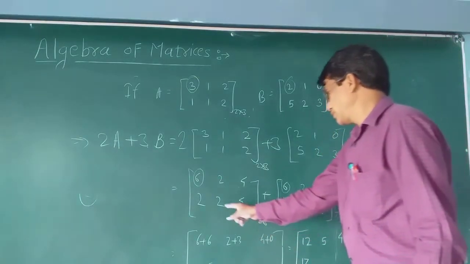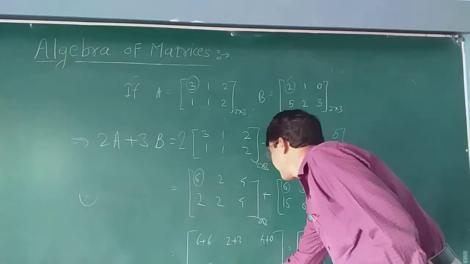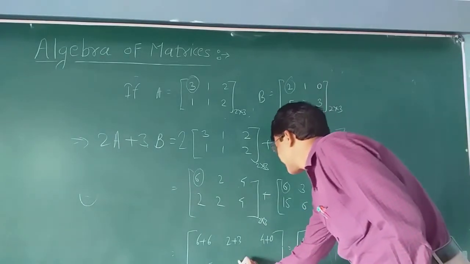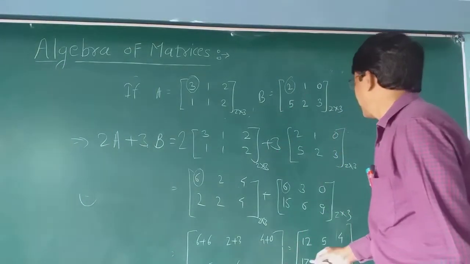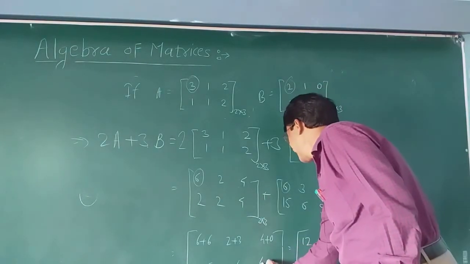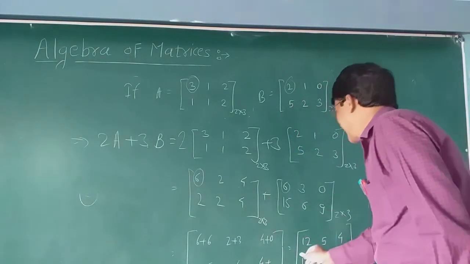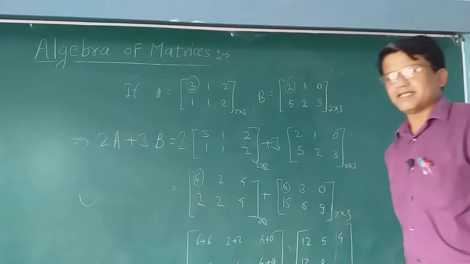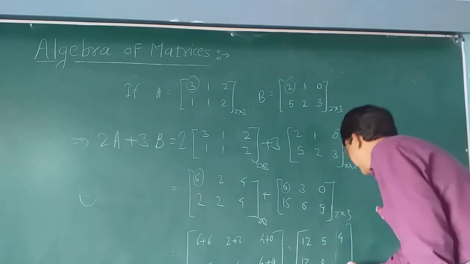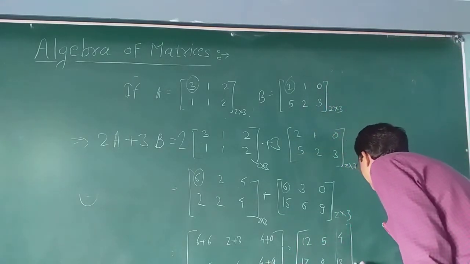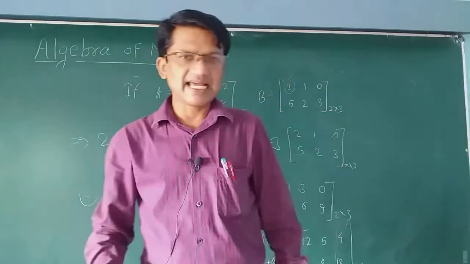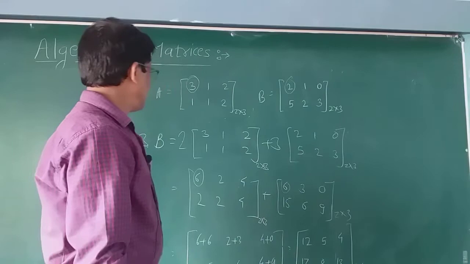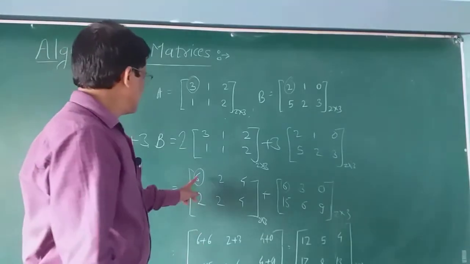After that 2 plus here 6, 8. After that 4 plus here 9, 4 plus 9 is 13. Order 2 by 3.